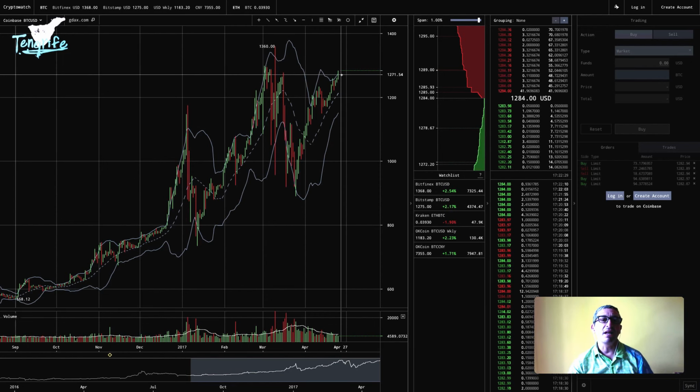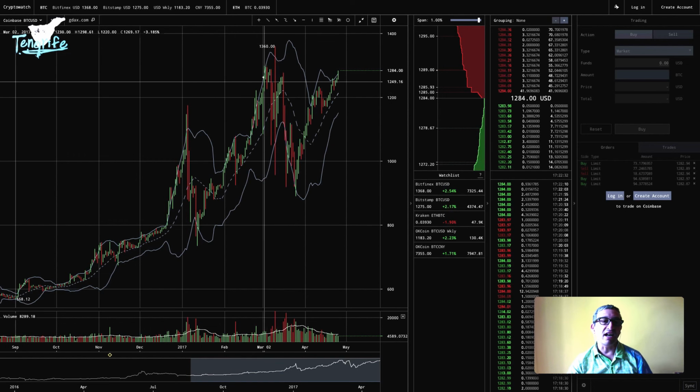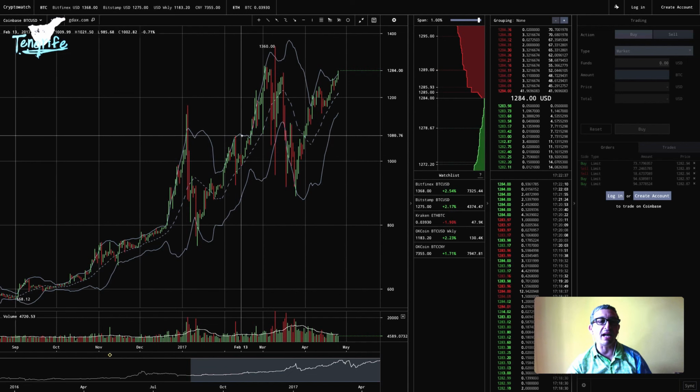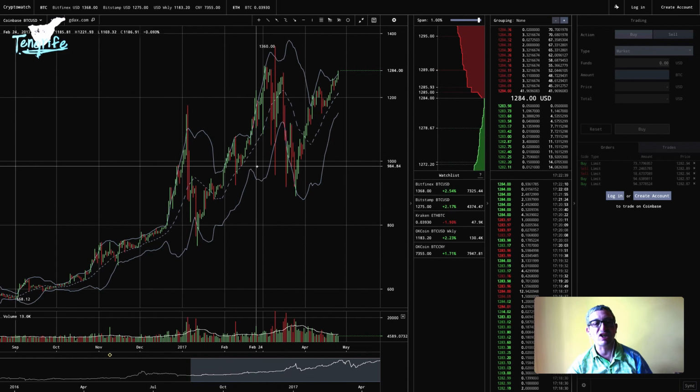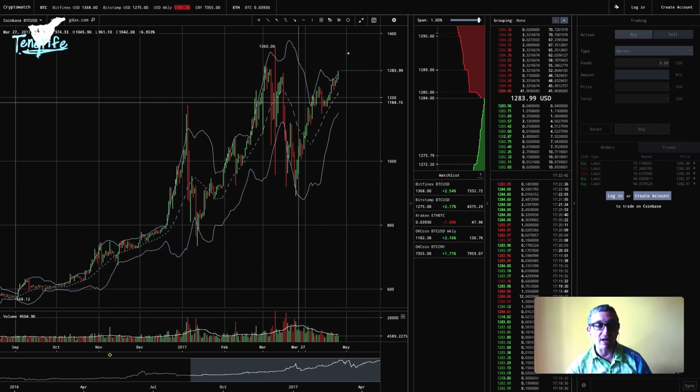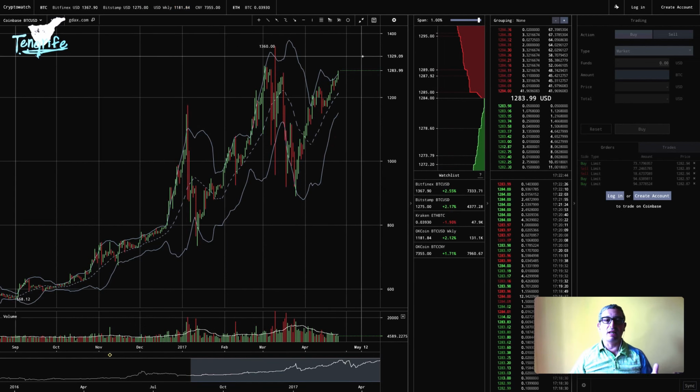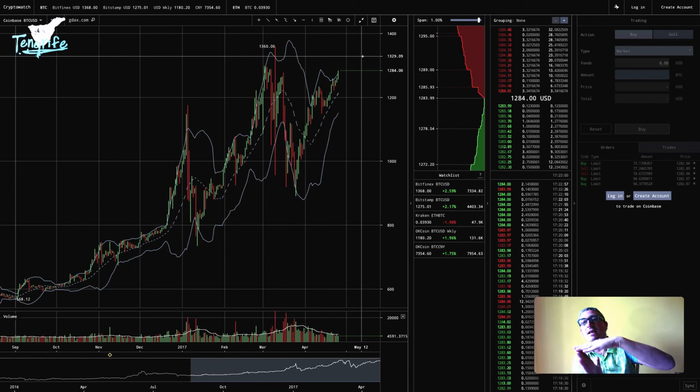But at the same time, this could also be another curve very similar to this one, where it was going up, then it retracted a tiny bit, and then was ready for another massive expansion. So the Bollinger Bands are indeed very useful. They're not infallible. At the moment, they're showing us that either of the two could happen. It could continue to expand for a while, or it could be compressed again. But if that happens, be ready for another massive expansion once again.